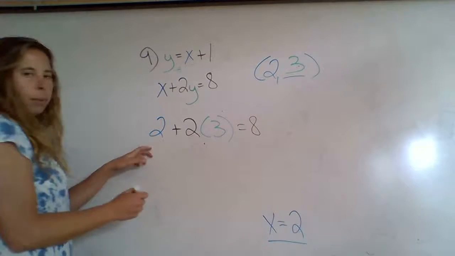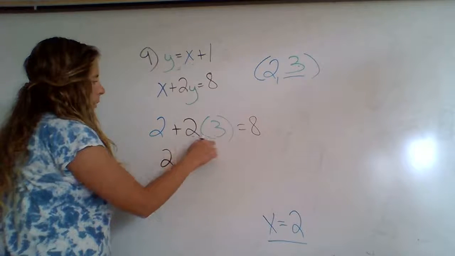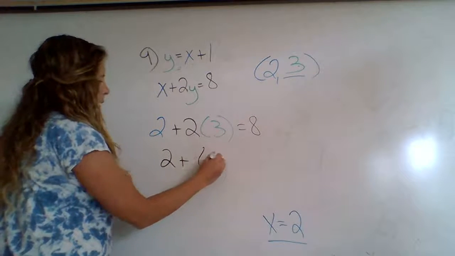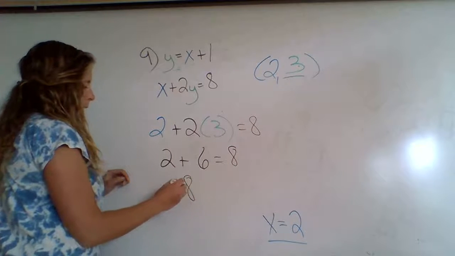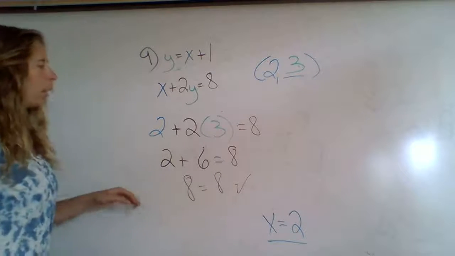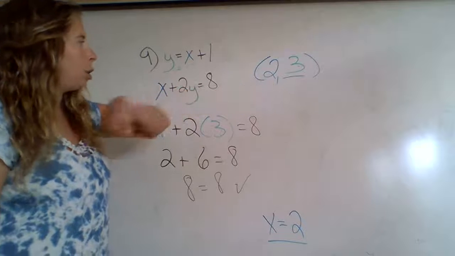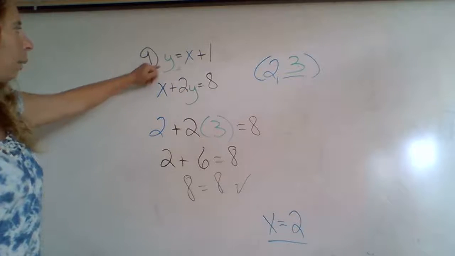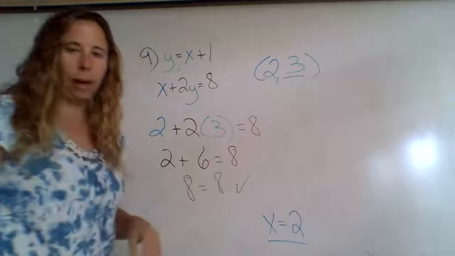So 2 plus 2 times 3 is 6, and 2 plus 6 is 8. So 8 equals 8, and it does in fact work. That's how you check your answer: you figure out the point, and then you substitute into the equations to make sure it works.